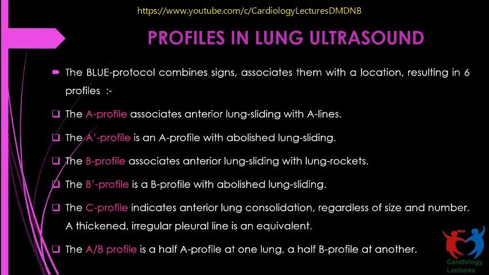A thickened irregular pleural line is an equivalent, called the Z line. The A/B profile is half A of one lung and half B of the other lung. They are seen in unilateral syndromes, sometimes endobronchial intubation, or complete collapse of one lung. We are not going into that particular thing; I will speak on it in 1 or 2 slides afterwards.